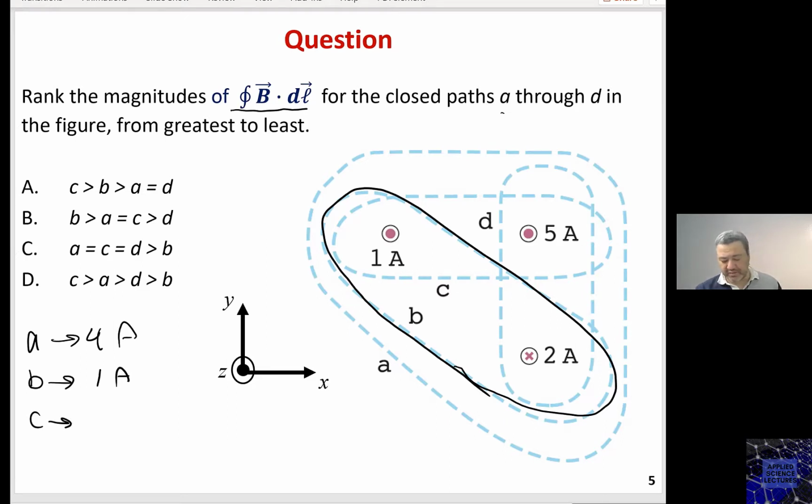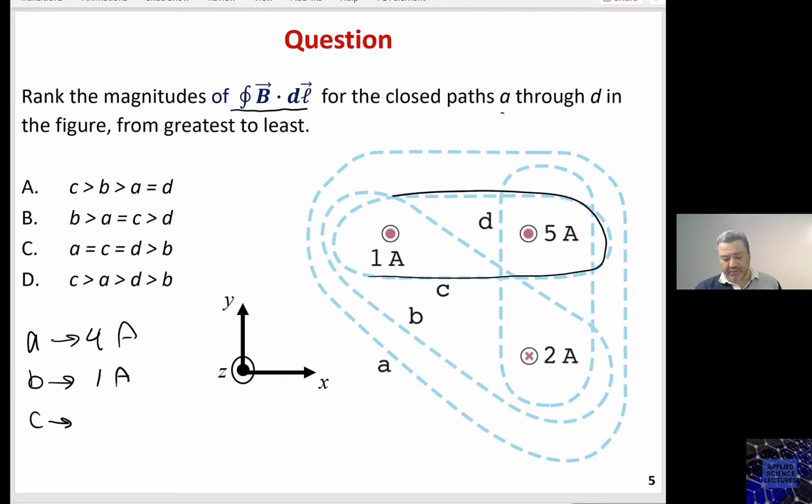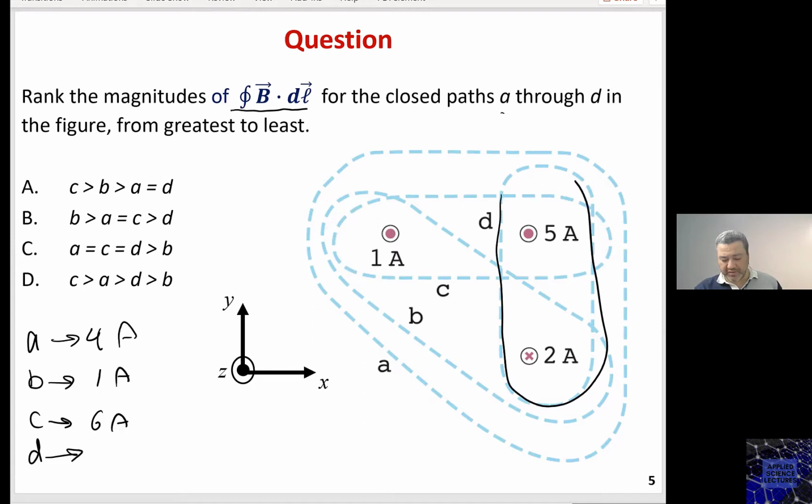C is this path where I have 1 ampere out of the page, 5 out of the page. The net is 6 ampere. That's the magnitude. A, B, C, D. Path D is enclosing 5 out of the page, 2 into the page.